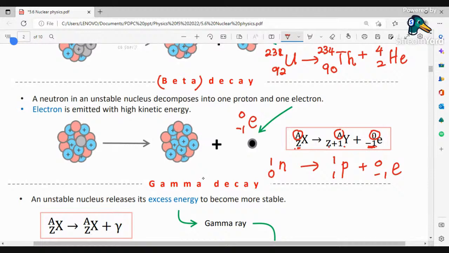So same process as the beta decay lah, neutron, okay, become proton, emit 1 beta. Okay, 1 beta. Okay, so you can see the nuclear number still the same for this one. The proton number increased by 1. Okay, increased by 1. So ini example, we call it beta decay.